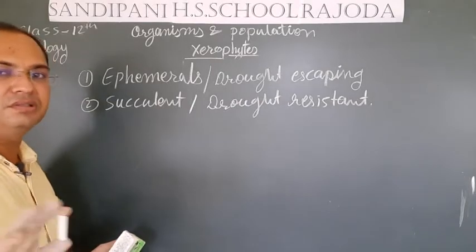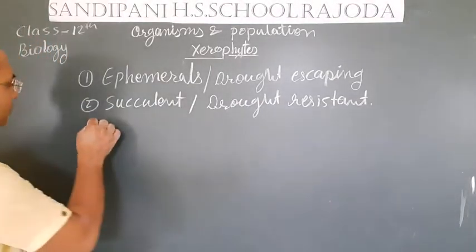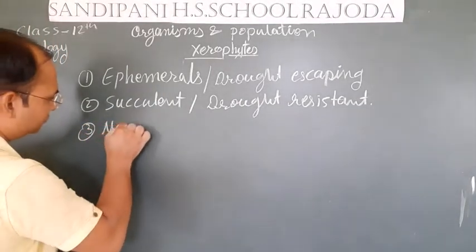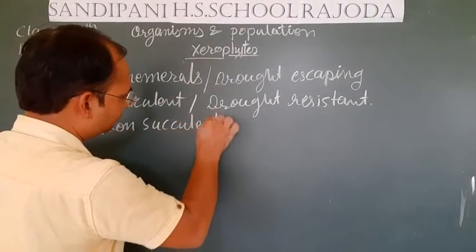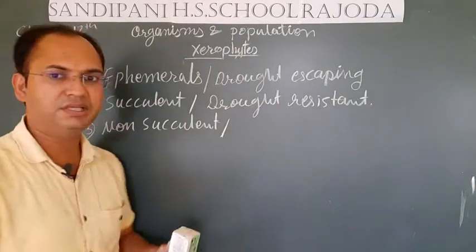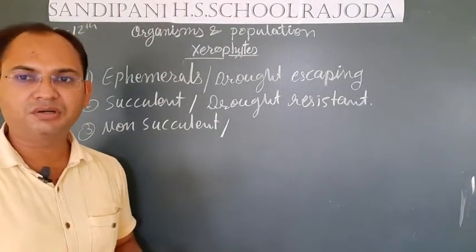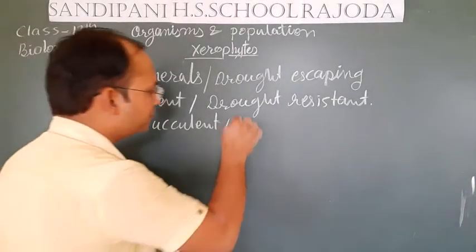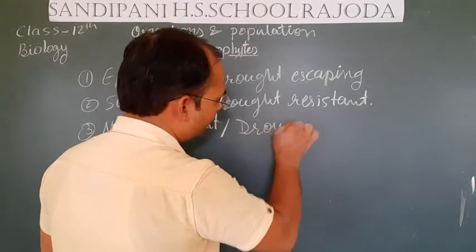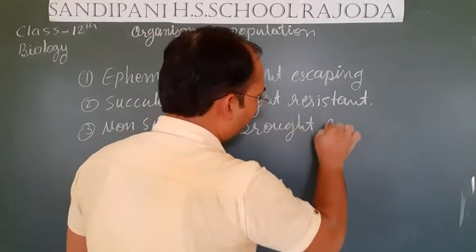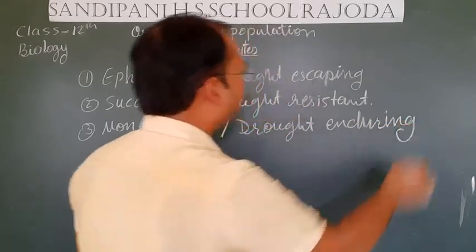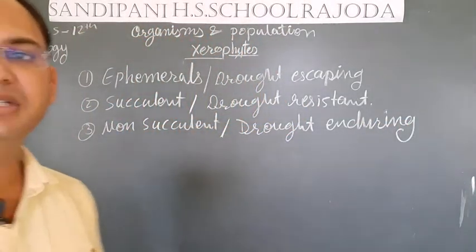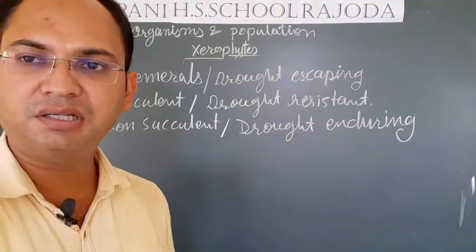And the third type are non-succulent plants, and we also call them drought enduring plants. Let's understand them one by one, what are their properties.